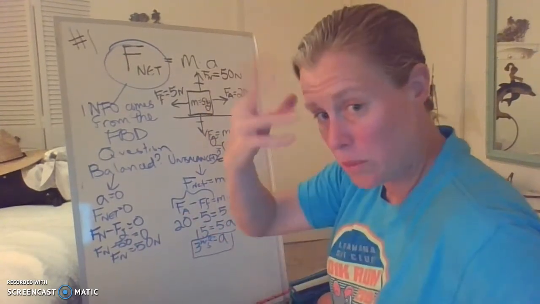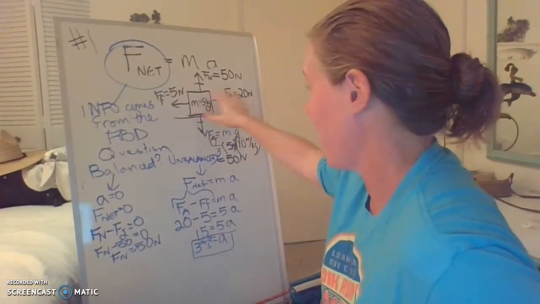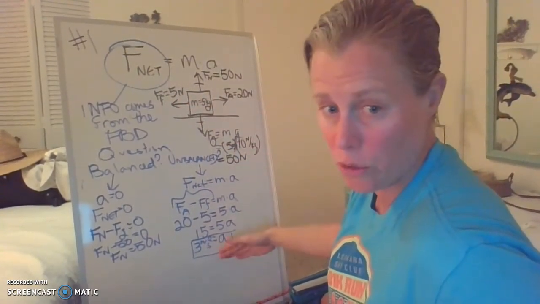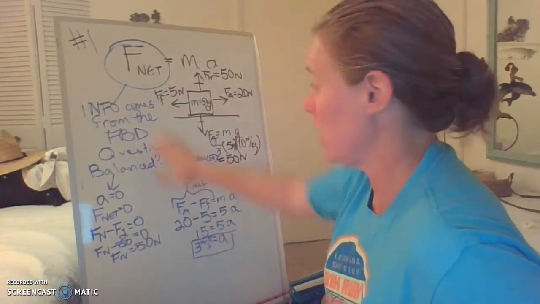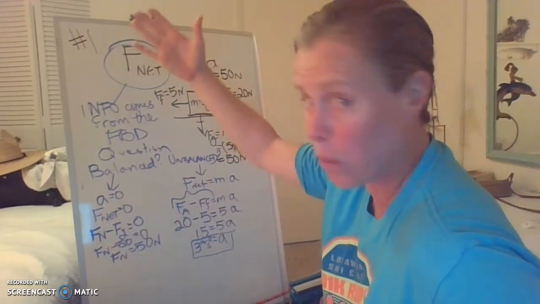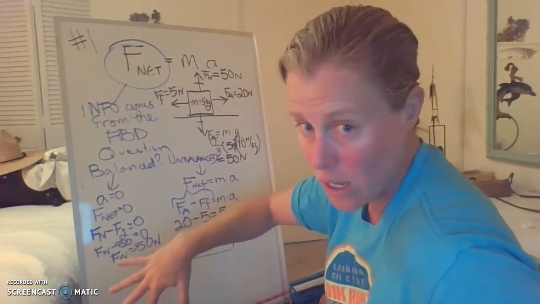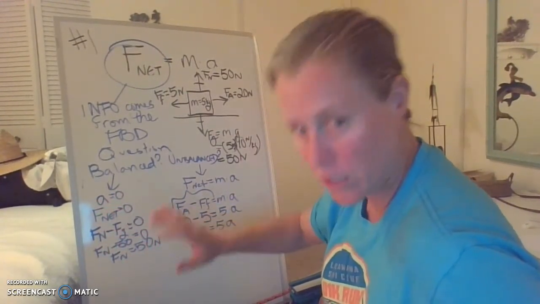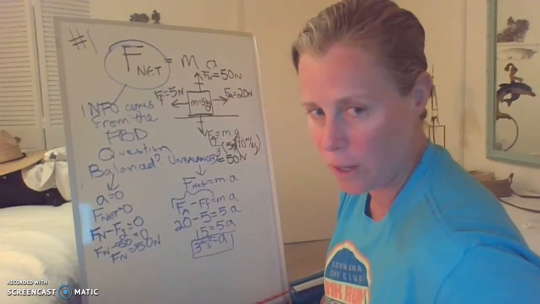There's a lot you can do mentally: the net force is 15, divided by 5 gives you 3 meters per second squared. Even with the vertical, there are balanced forces, so acceleration is 0 and the upward force is equal to the downward force. But if you want to take it step by step, let's work through that.